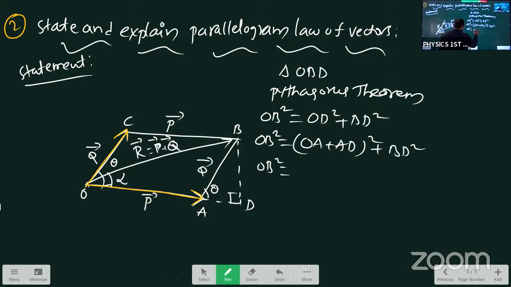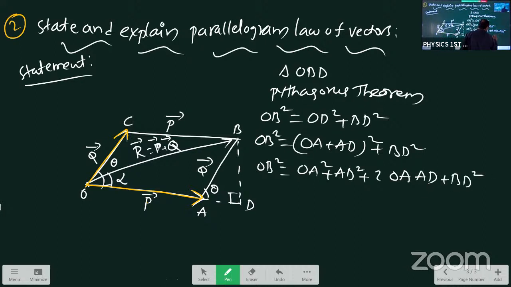(A plus B) whole square formula, students: A square plus B square plus 2AB, plus BD square. Equation 1. By using Pythagoras theorem from right angle triangle OBD, we get equation number 1.